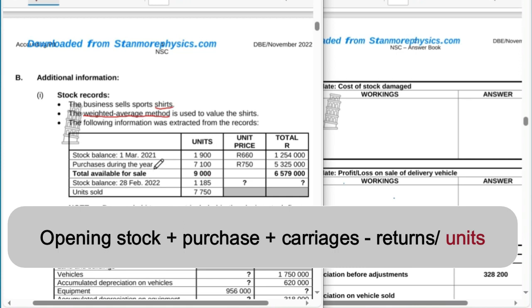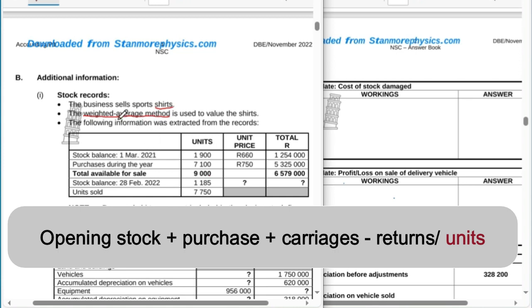That is our formula. So in this case, let's follow our formula and also record those so that we determine our weighted average.